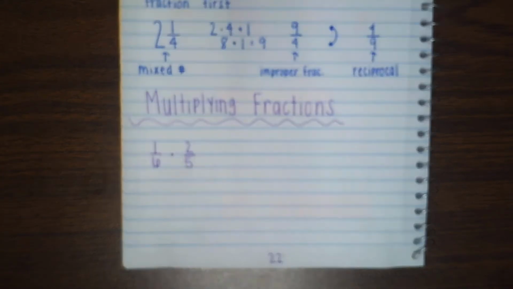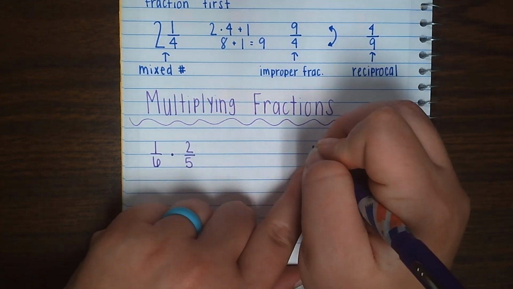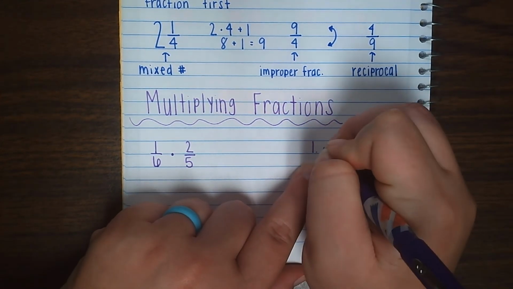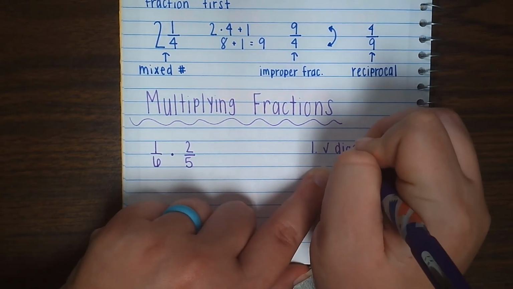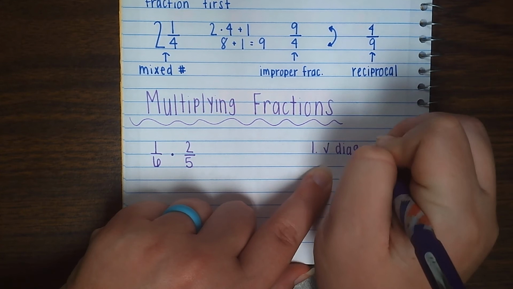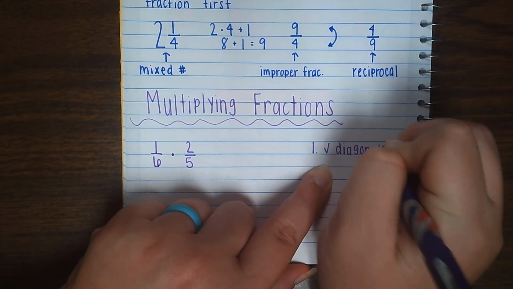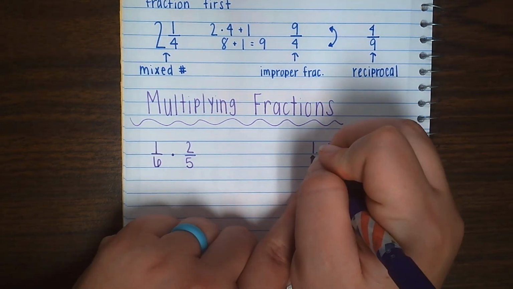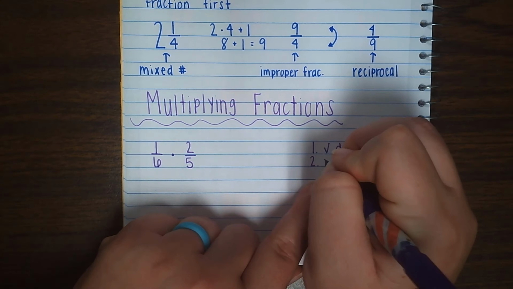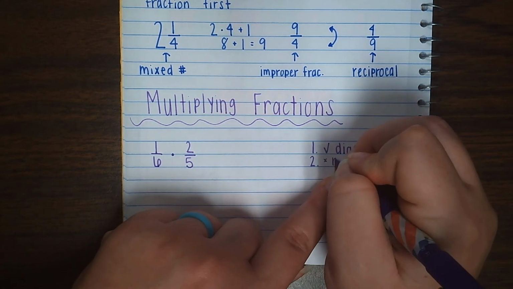And we set out some steps. Our first step was to check your diagonals. Step number 2 was to multiply our numerators.